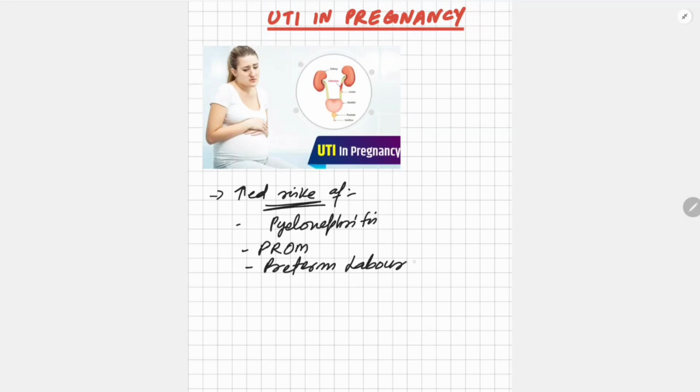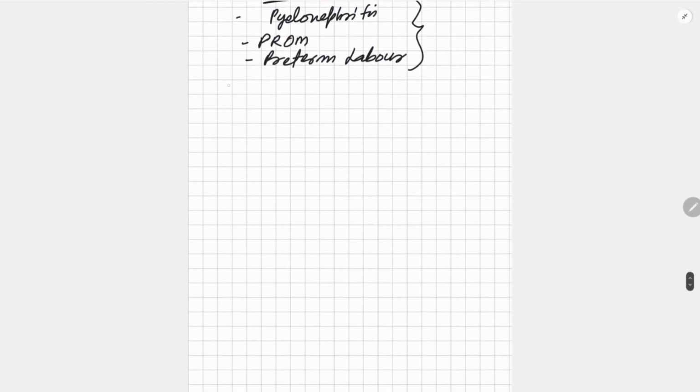That means if there is UTI in pregnancy, pyelonephritis, PROM, or preterm labor can occur in such patients. Sir, how we will treat these patients? What is the management for this?